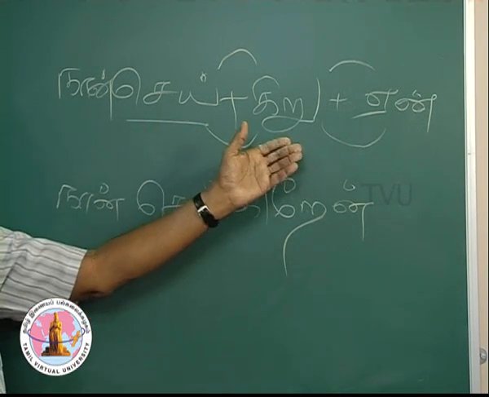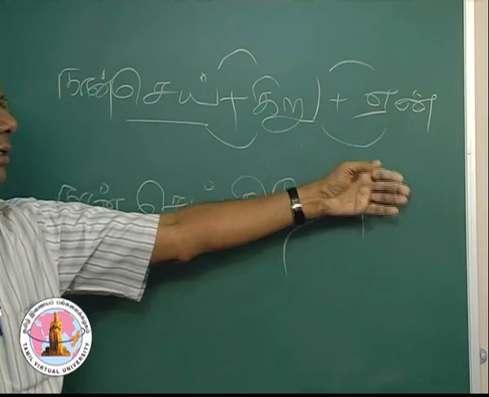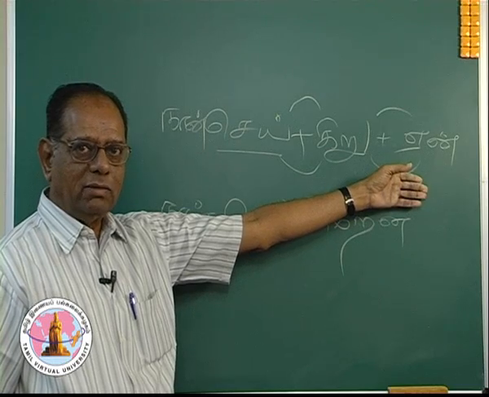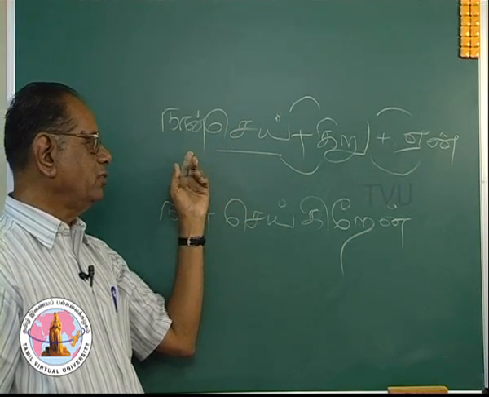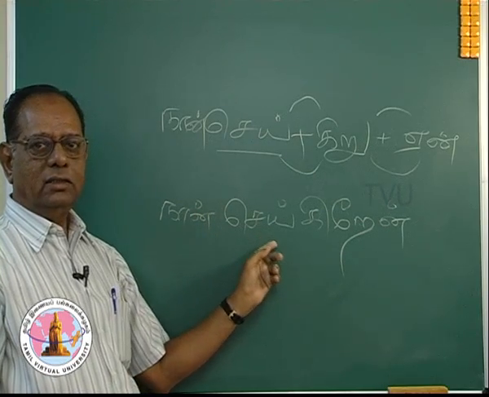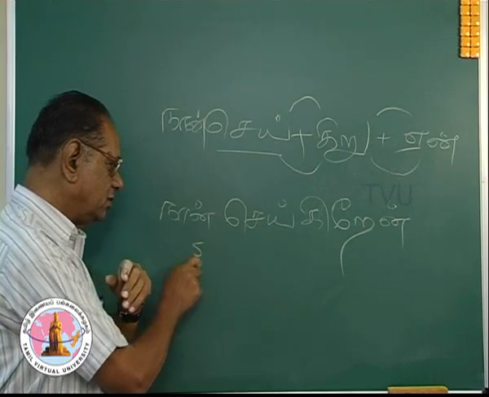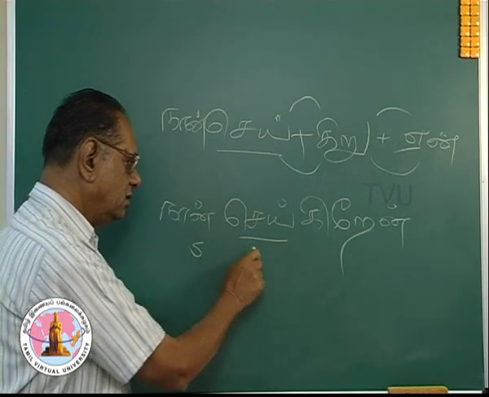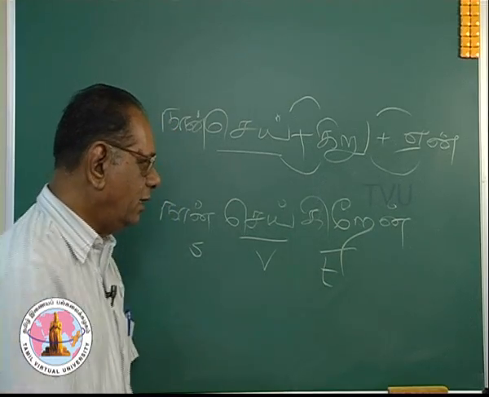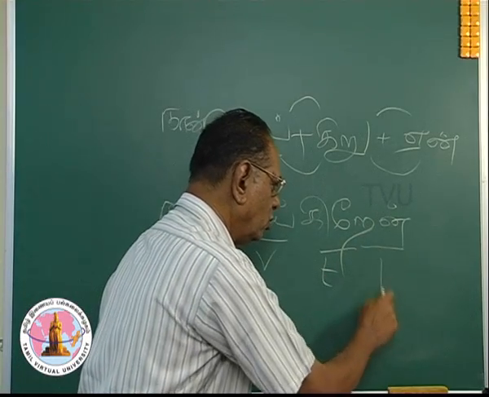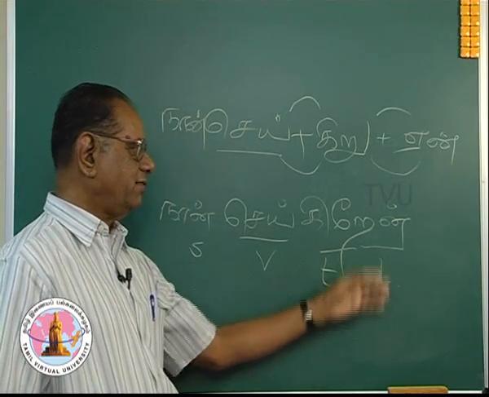To make it a statement, I add the tense marker and the personal marker. ஏன் is the personal marker of the first person singular. So this becomes naan seygiren. Naan is the subject. Sei is the verb. Kiru is the tense. And this ஏன் gives you the details of the person. It's a person subject.